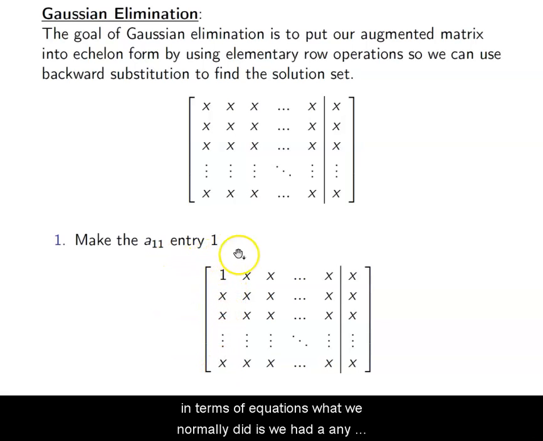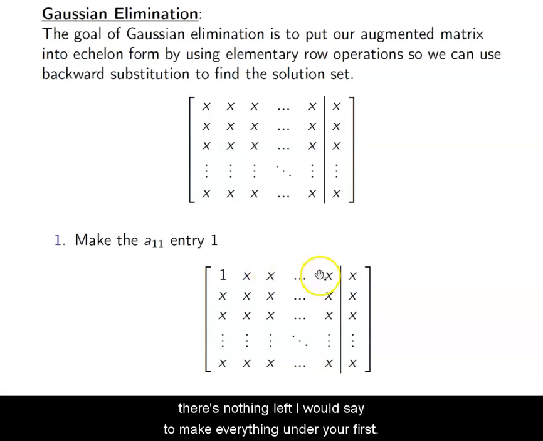So in terms of equations, what we normally did is we had an equation here, and I said I want you to make all the variables under this one 0. So if this was like x, y, z, and there's nothing left, I would say make everything under your first equation, all the first entries, make all of those x's 0, right?